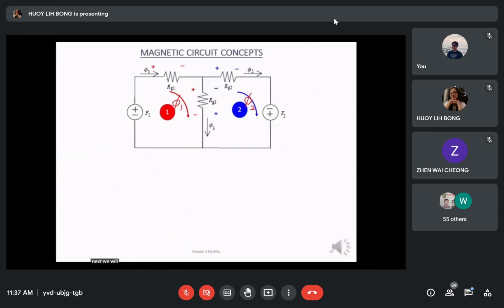Next, we will write the loop 1 KVL equation.